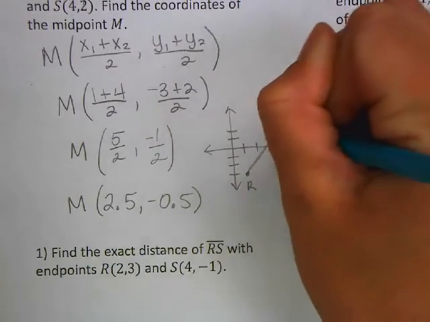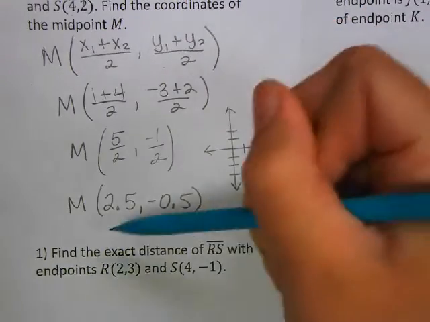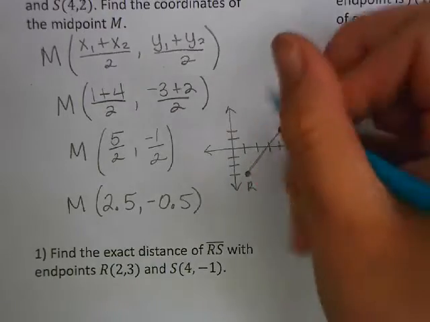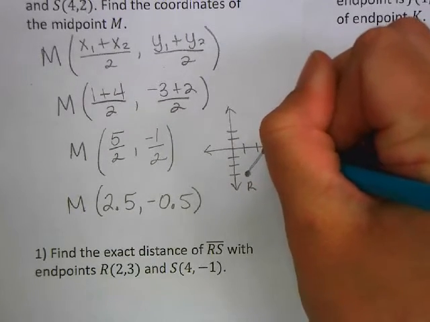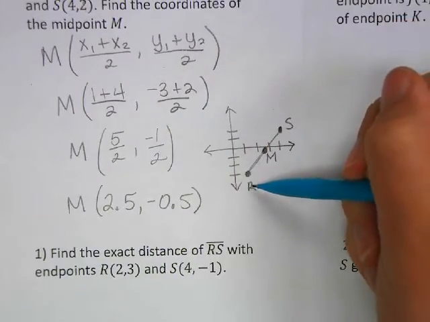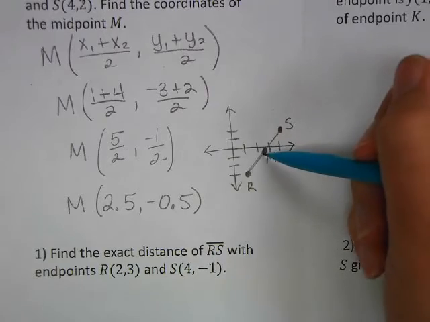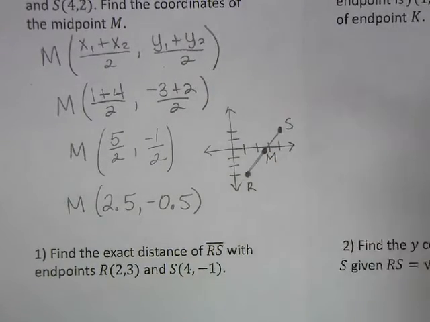So here is my segment in the coordinate plane, segment RS. And the midpoint, so approximately the middle, would be over 2.5 and down 1/2. So you can kind of get a visual to make sure that those values match up. And you can visually see that point M does lie exactly in the middle of R and S.